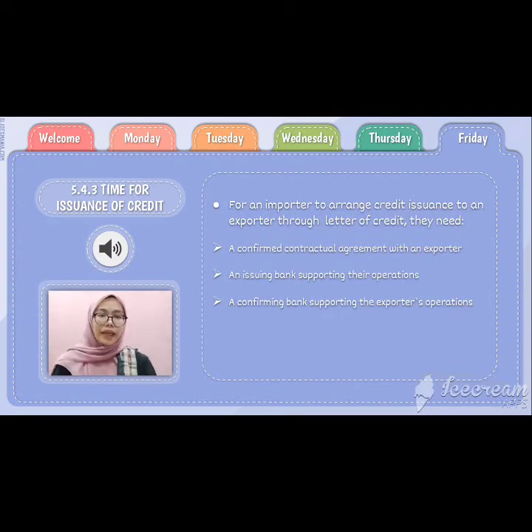Next, an issuing bank supporting their operation will issue the letter of credit and cover the value of the payment to the exporter should the importer fail to meet their payment. Last, a confirming bank supporting the exporter's operation will confirm the credit issuance has been received and extend a line of credit to the exporter to provide cash flow while they fulfill the contract.